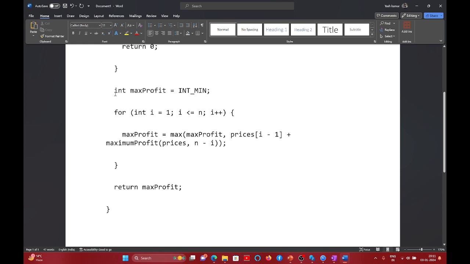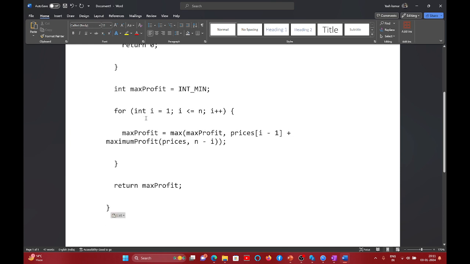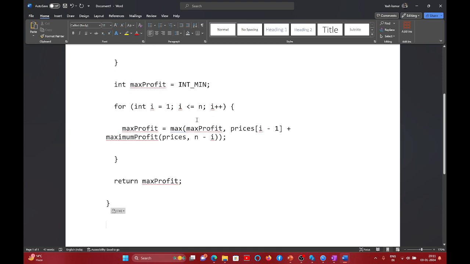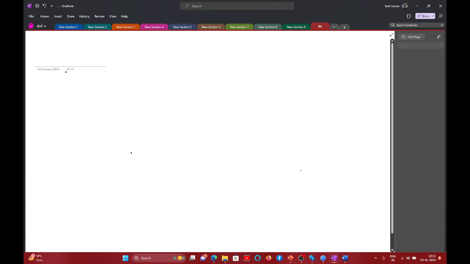So we are iterating for the first cut from i equal to 1 to n, and our profit for i would be the price of the ith piece plus maximum profit of prices and n minus i. This is what I was talking about.